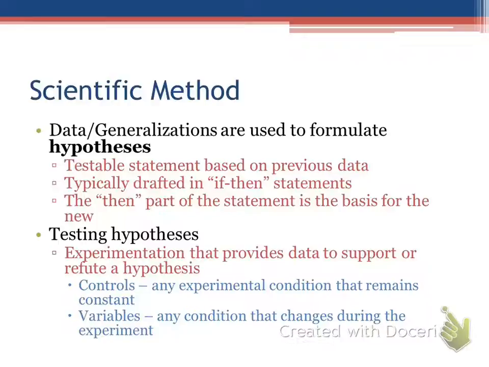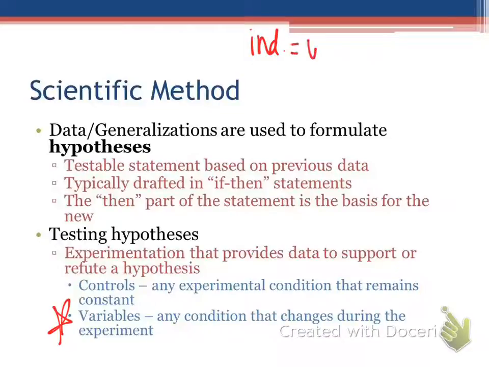If you're in the variable, then you are being changed, right? There's some change that's happening. Variable. So within these variables right here, you might put a little note under there for independent and dependent.